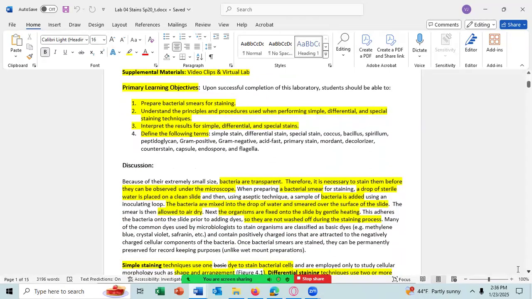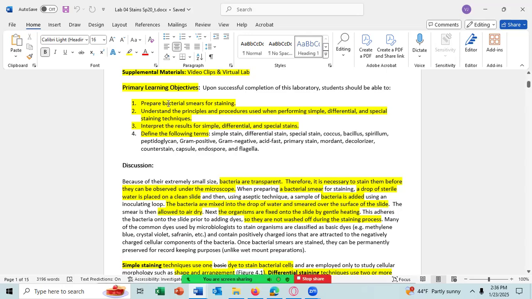Your learning objectives are: one, be able to prepare a bacterial smear for staining. A bacteria smear is something you do to put bacteria on the slide before you do any staining. So the bacteria smear is separate and independent from the stain or the staining, and students often get that incorrect.